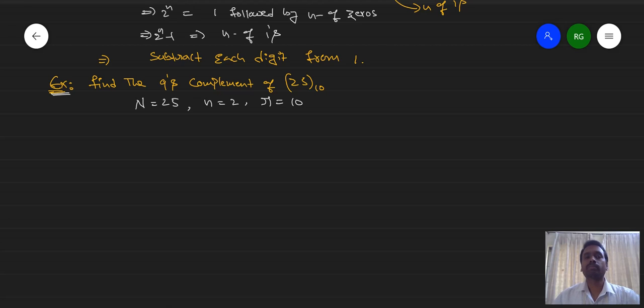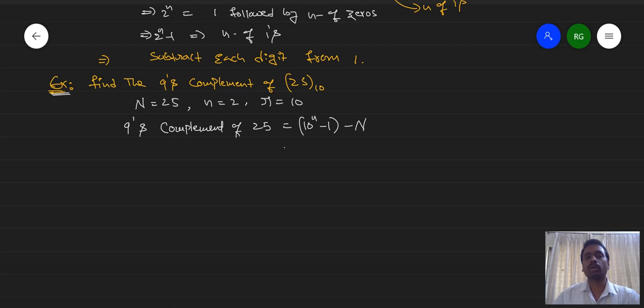So if you're using the formula, the 9's complement of 25 is equal to 10 power n minus 1 minus N. This is the actual formula.